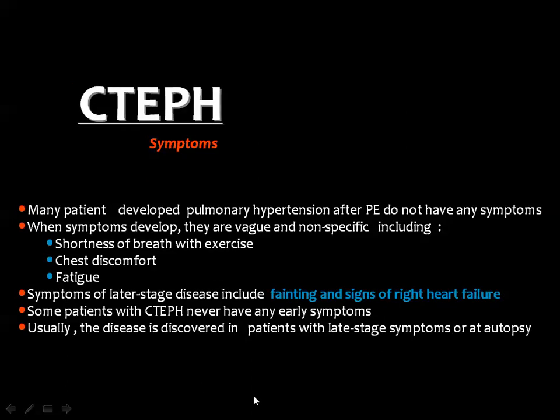And patients with CTEPH may have no symptoms at all. When symptoms develop, they are vague and non-specific, including dyspnea on exercise, chest discomfort, and fatigue. Symptoms of later stage disease include fainting and signs of right-sided heart failure. Some patients with CTEPH never have any symptoms at all.